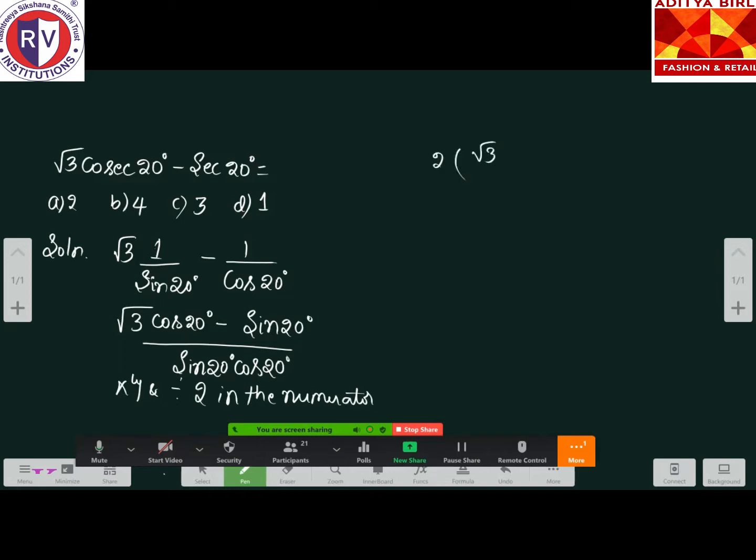And here it will be root 3 by 2 into cos 20 degree minus 1 by 2 into sine 20 degree, divided by sine 20 into cos 20 degree.